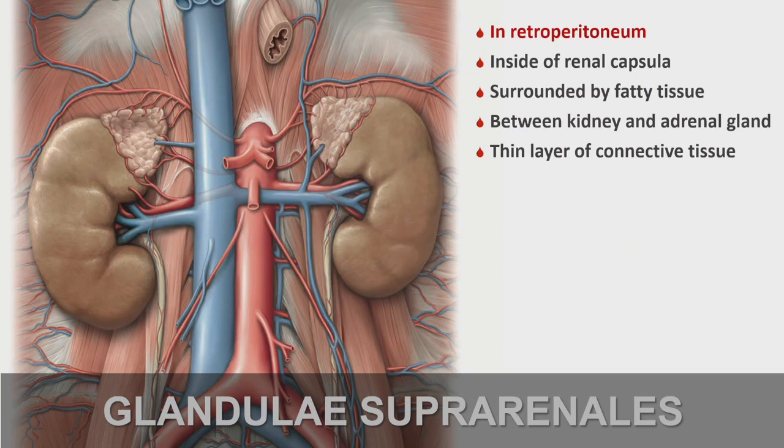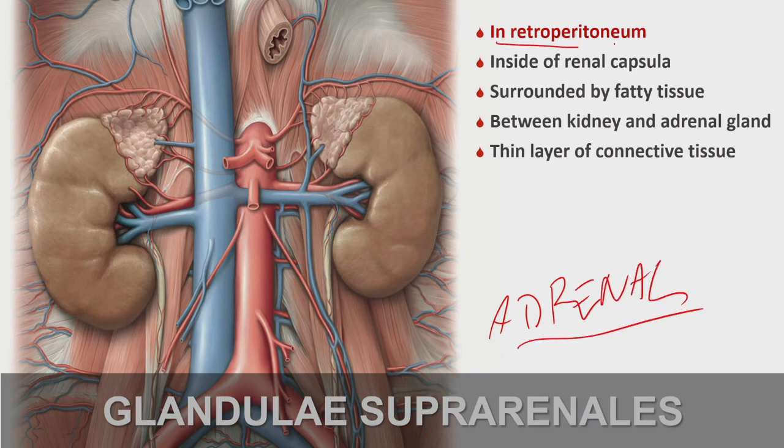So that was the kidney and outflow tract. Then we have here the suprarenal glands, also adrenal glands. So it's the same.